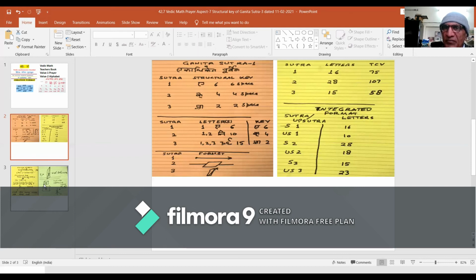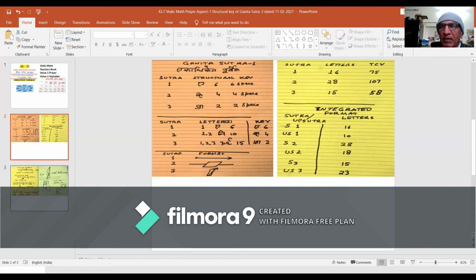In the lower part of this expression sheet is the organization of the integrated format of letters of sutras and upsutras. Upsutras bridge the gap between the consecutive sutras.